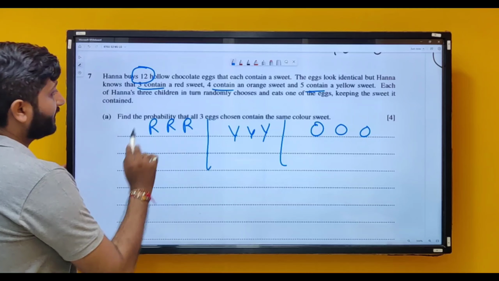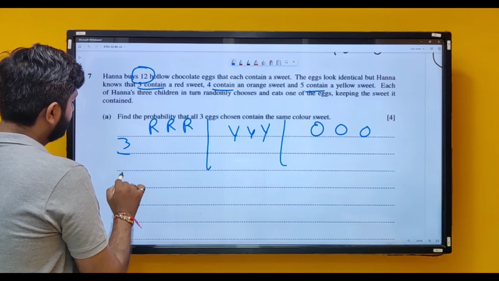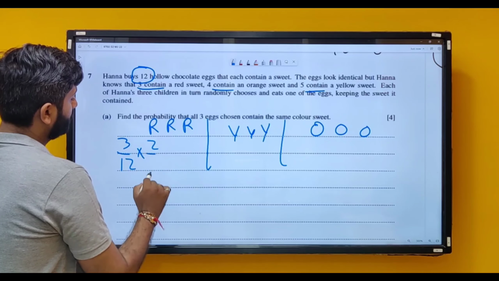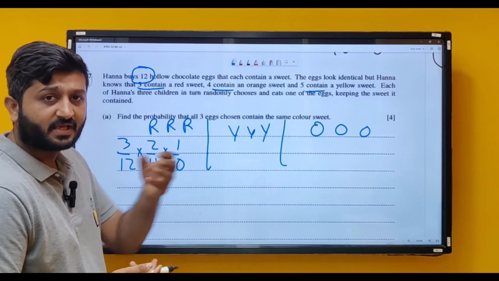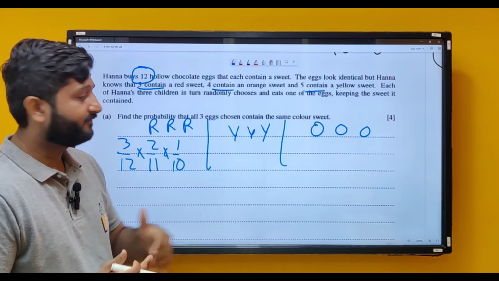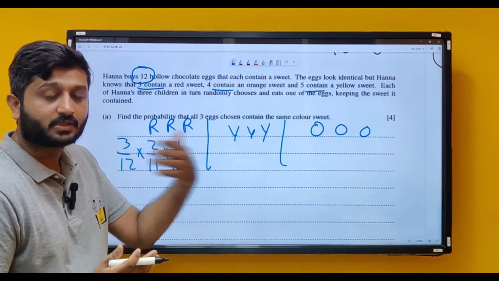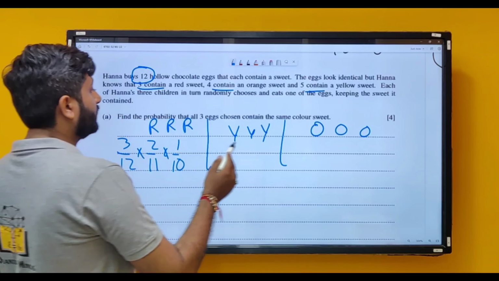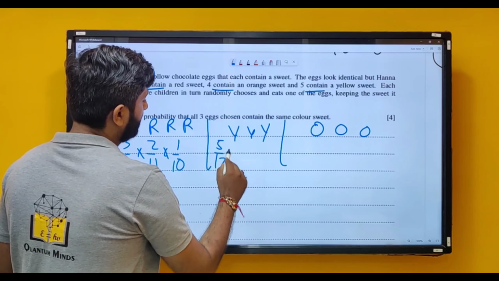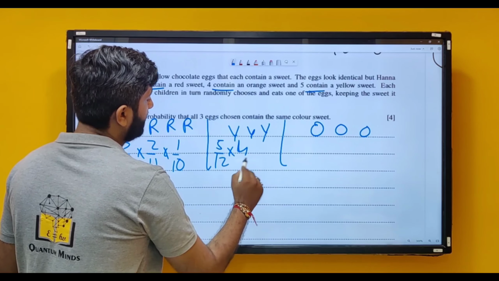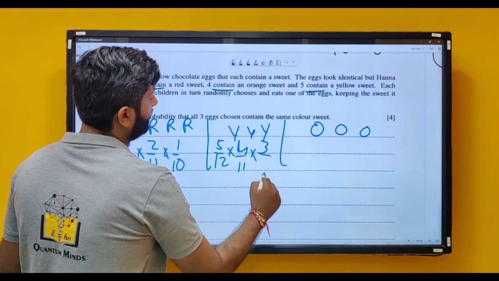So probability of getting all 3 red is 3 by 12 into 2 by 11 into 1 by 10. Right. By 11 because I have selected one sweet, so I have one less sweet than the regular. So here for yellow I have 5 by 12 into 4 by 11 into 3 by 10.